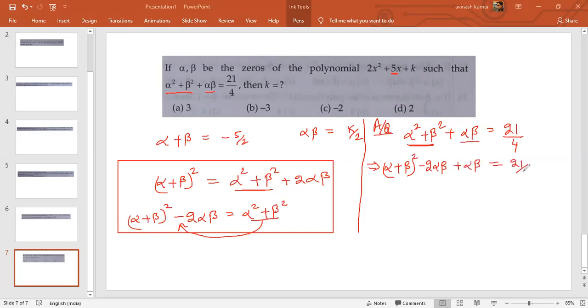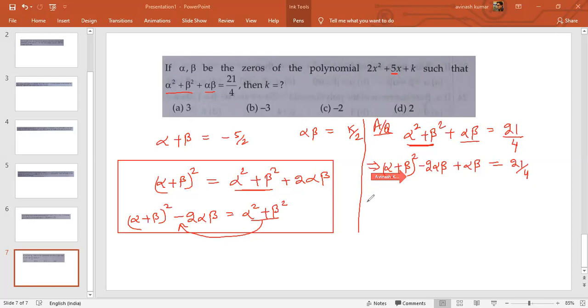So 21/4, right? Actually, why I did this, because we don't know the value of alpha and beta separately, but I know the sum. So I have converted this part in the form of sum and product, right? This was the reason behind it.